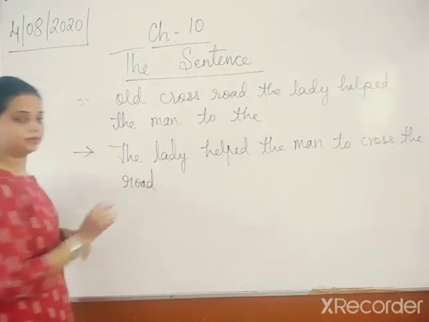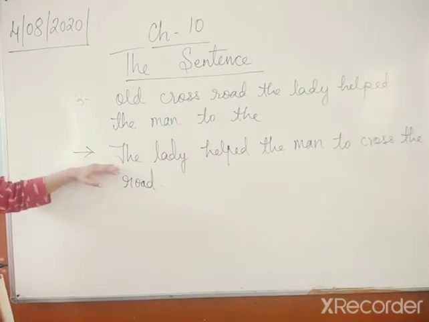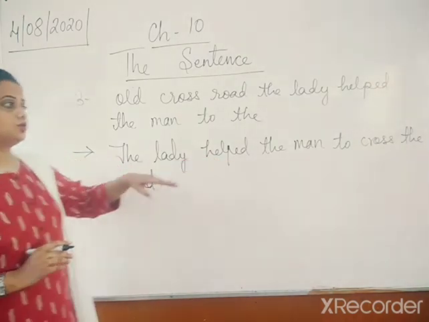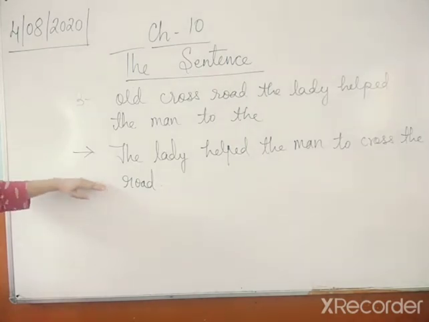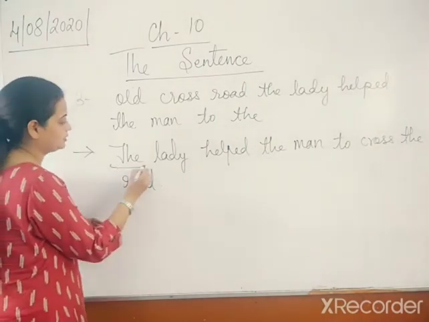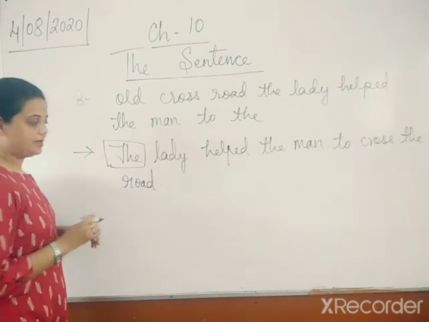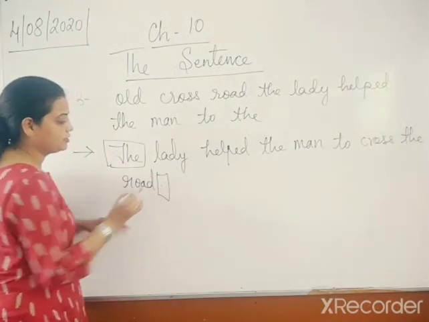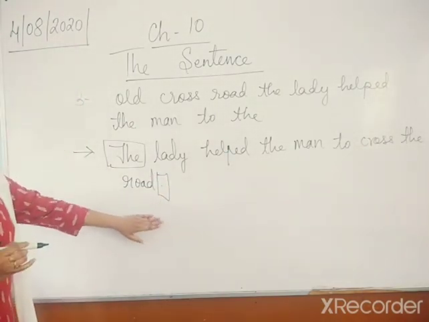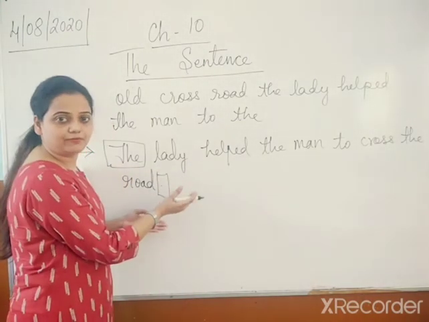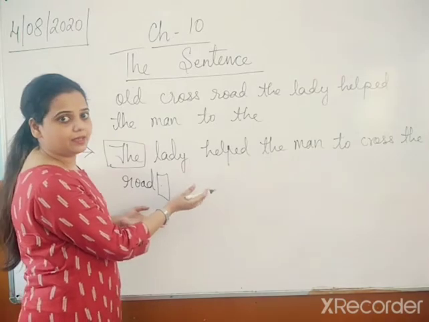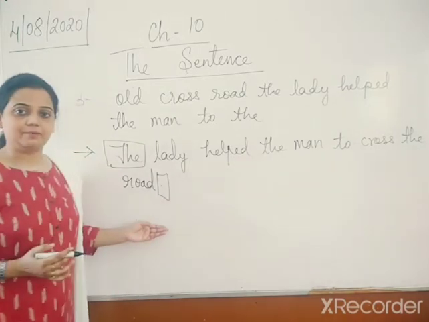Okay, then full stop. Clear? Again, the lady helped the man to cross the road. So here you can see the capital letter and then it ends in a full stop. Clear? Don't forget this. And also, now this sentence is meaningful. It has a sense. It has a meaning. Clear? Now let's see one more example.